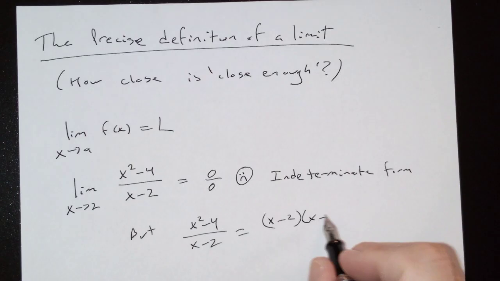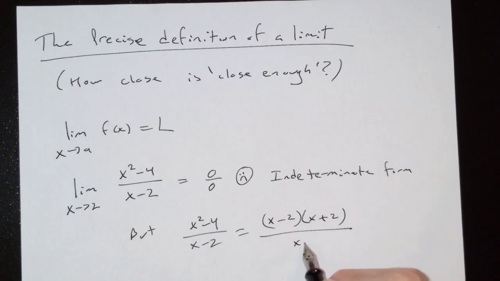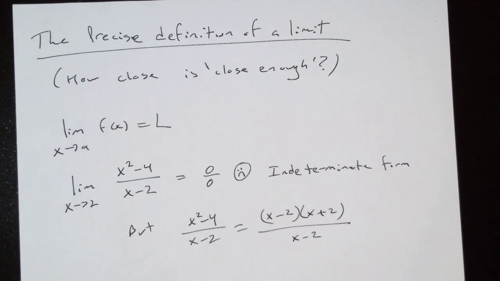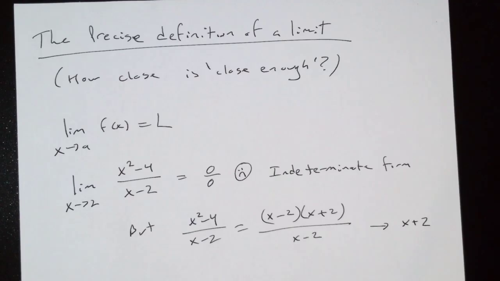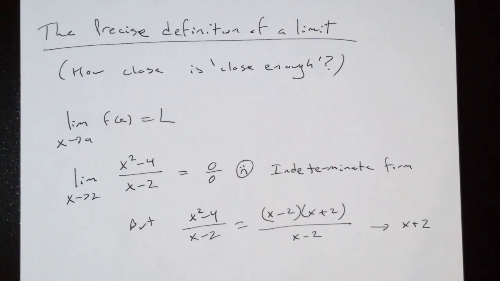Because that numerator is the difference of 2 squares. So if I cancel the x minus 2 part, everywhere except at 2, I end up with x plus 2. So instead of using this function, I can replace it with this one.